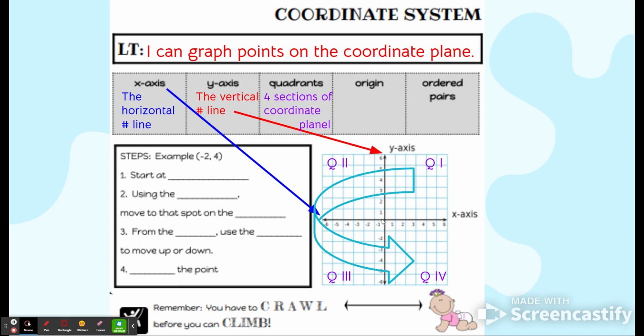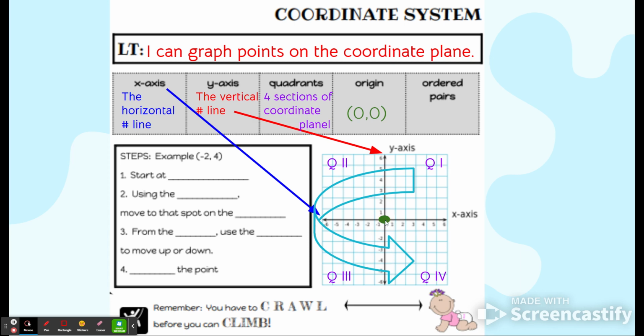Now, this intersection point where these two number lines meet right here in the middle is called the origin. Okay, and that location is shown by showing two numbers in parentheses as 0, 0, because it is 0 on the x-axis number line and it is 0 on the y-axis number line.